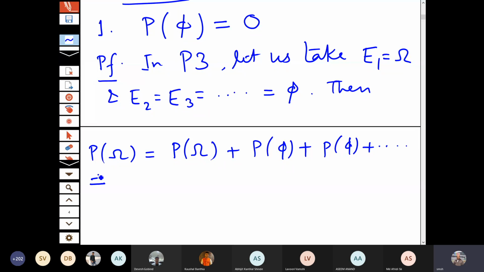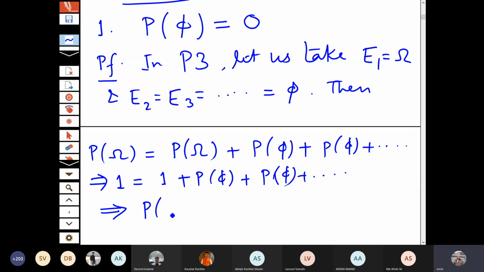So now probability of omega is 1, that we already know. So this will immediately imply that P phi is 0, because there is no other way, because 1 will cancel out and you get P phi is equal to 0.